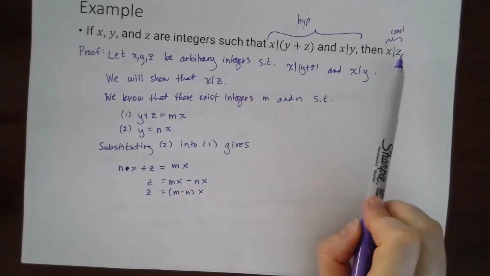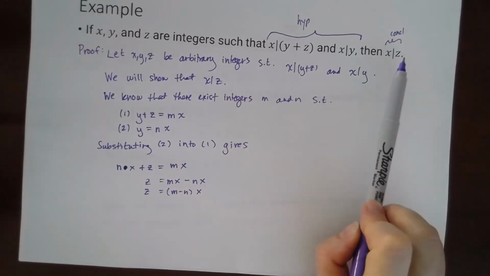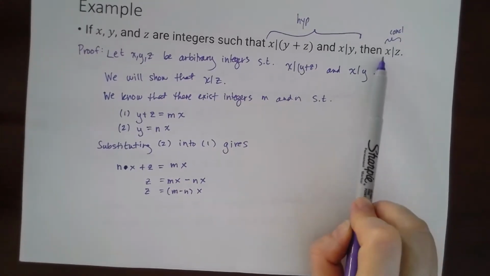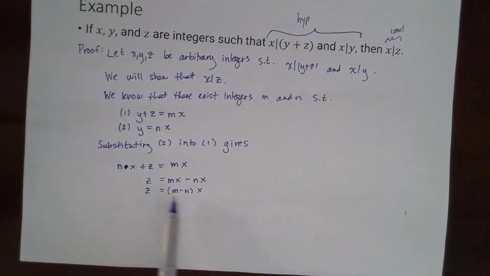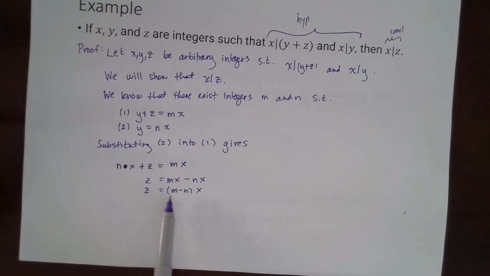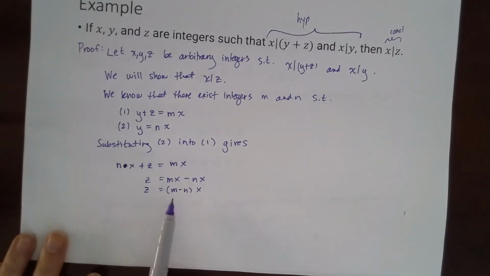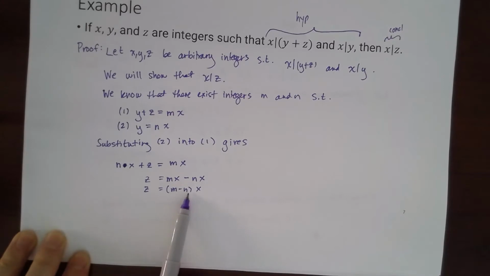And really, to show that x divides z, we have to show that z can be written as a multiple of x. So if we look over here, we've done that. We've written z as a multiple of x. So as long as we can show that m minus n is an integer, then we have that it's an integer multiple of x. So that's the only other thing that we have to do, is guarantee that m minus n is indeed an integer.